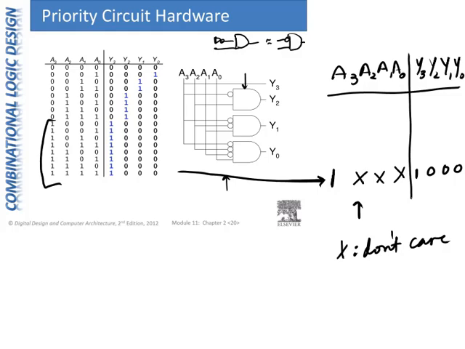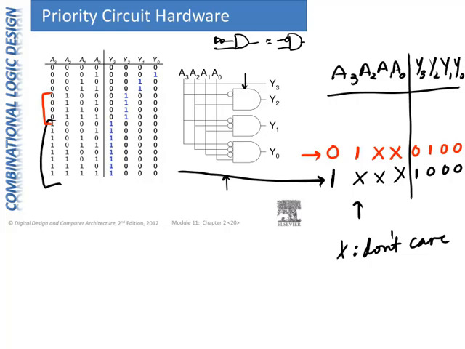Now we can go to the next rows, and say that if A3 is 0 and A2 is 1, it doesn't matter what A1 and A0 are, Y2 is going to get the room or the requested item. So A2 has priority over A1 and A0. Now we've taken these 4 rows and collapsed them into a single row.